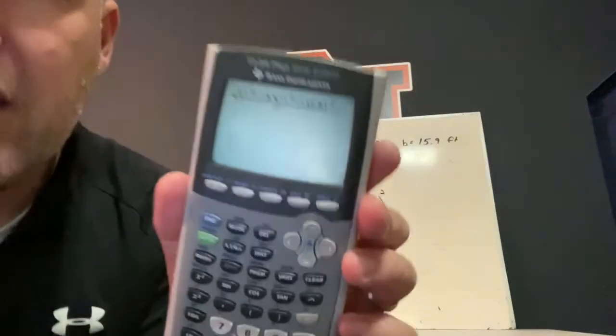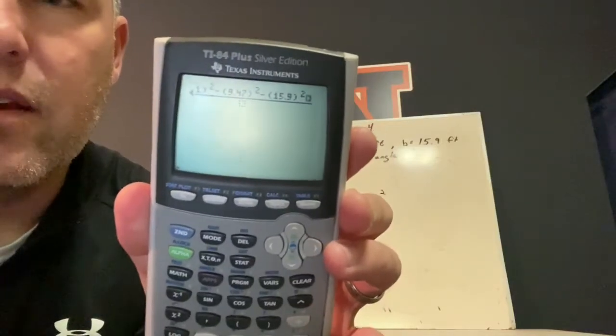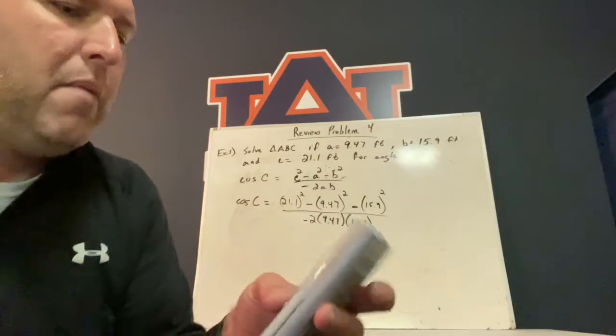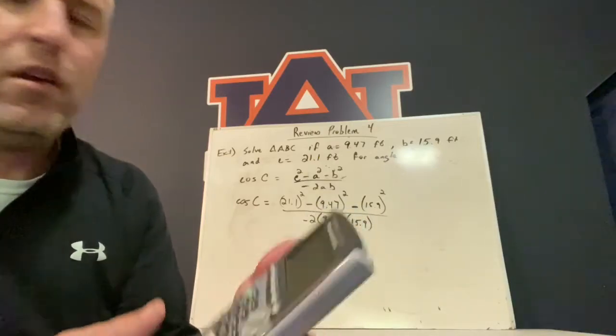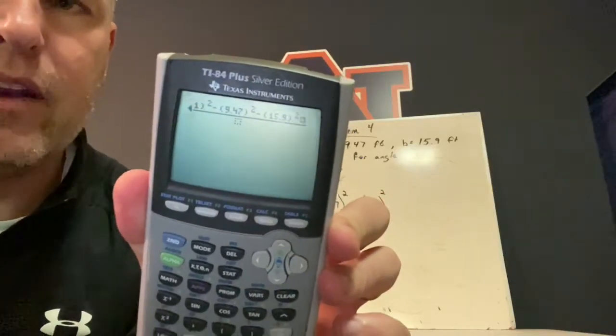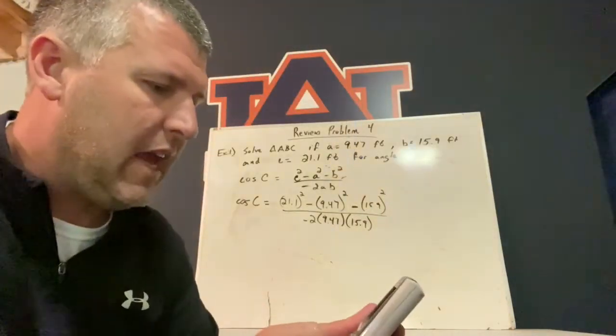So you can see how I plug that in. I know you may not be able to see the front of it, the very first of it, but I just plugged that in just like normal, straight like that. So it just turns into calculator work.